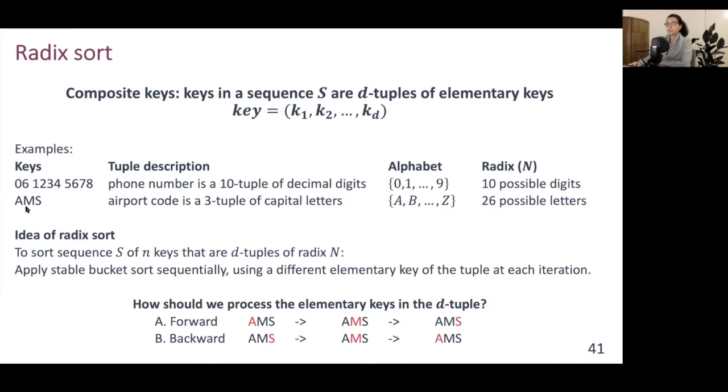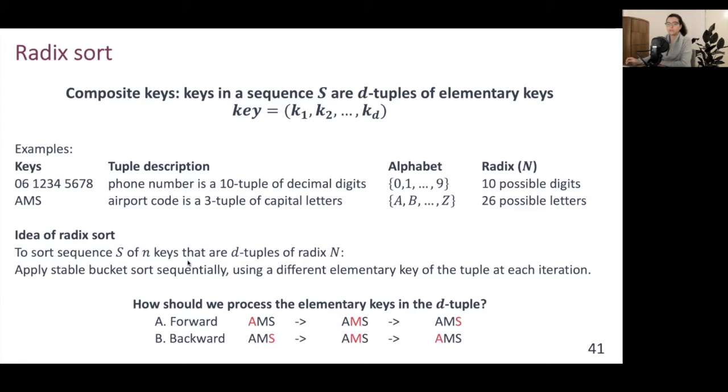Each airport code is a 3-tuple of capital letters. This means that the airport code is composed of 3 letters, where each letter comes from the Latin alphabet in the range between A and Z, which contains 26 possible letters. And so 26 is the radix for airport codes.